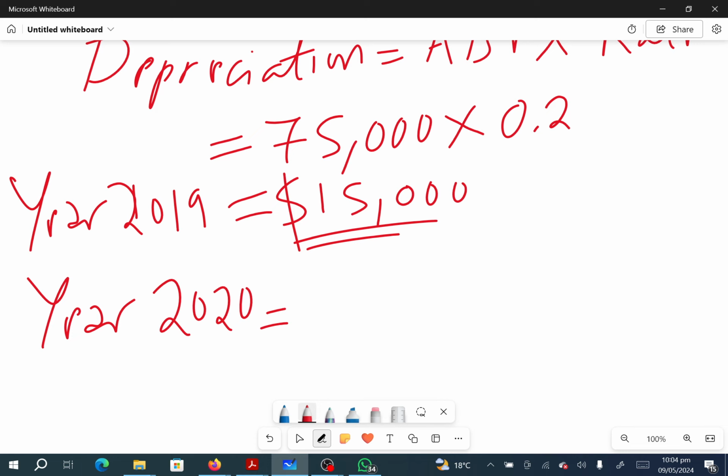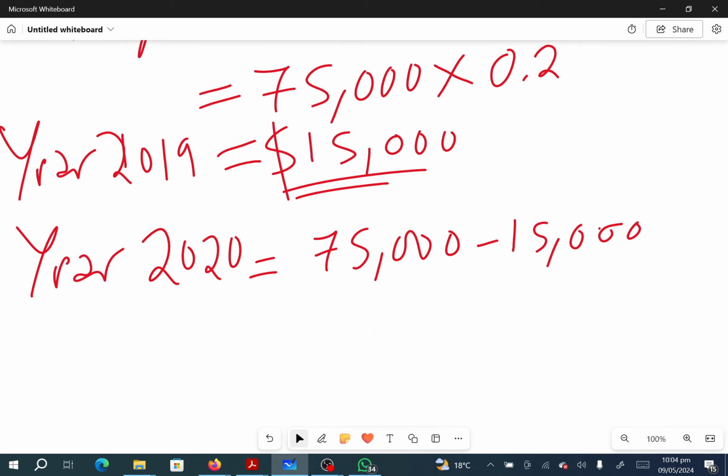The book value in year 2020 was 75,000 minus the depreciation accumulated in that year, which was 15.